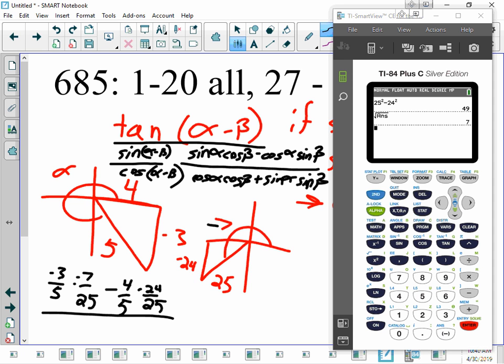Any questions about that? Right, now we move on to the next one. Cosine of alpha is 4/5. Cosine of beta is negative 7 over 25. And then plus the sine of alpha, negative 3/5, and the sine of beta, negative 24 over 25.